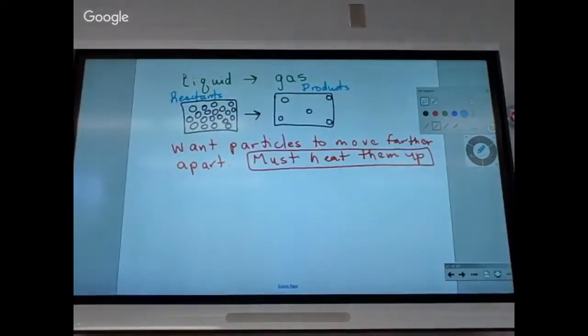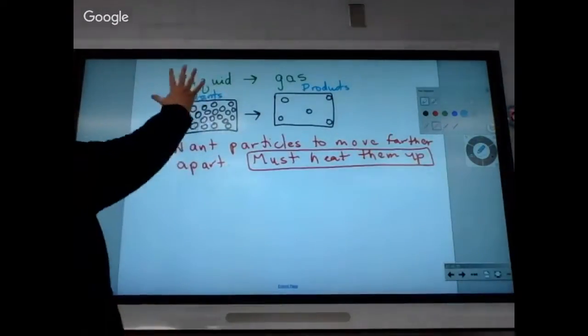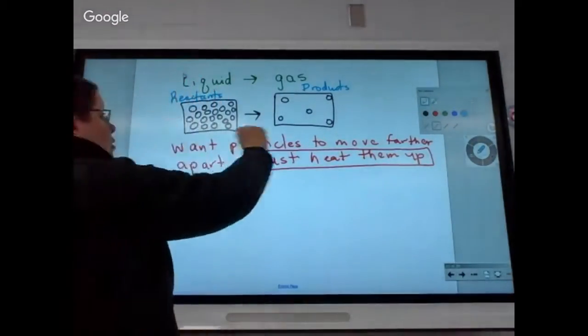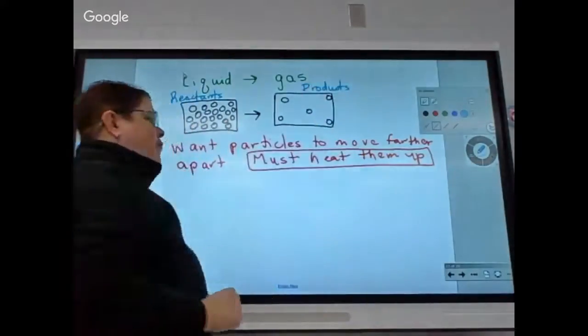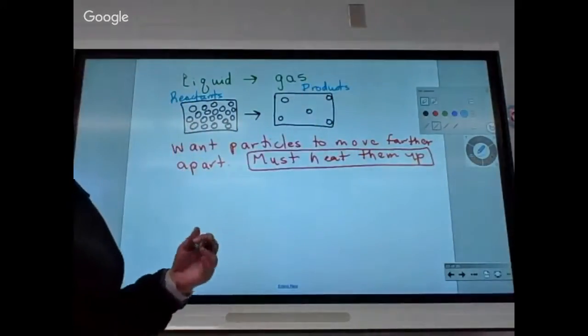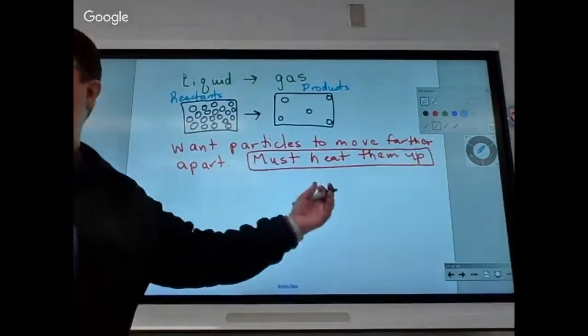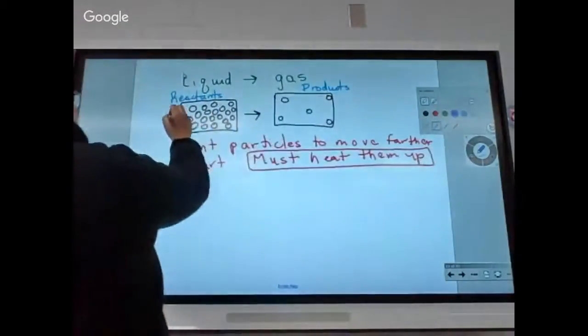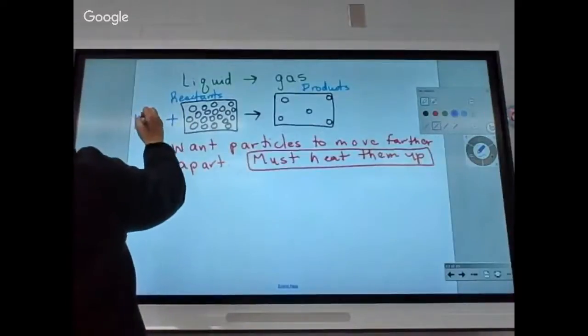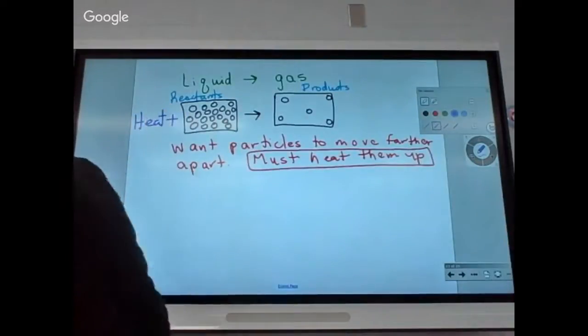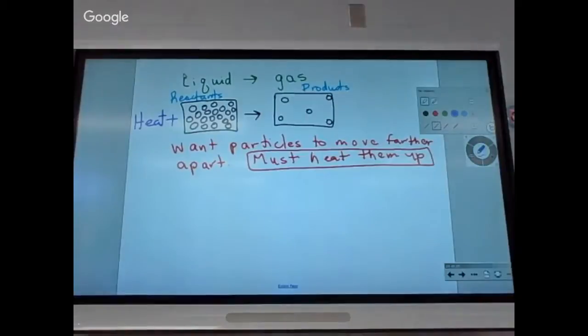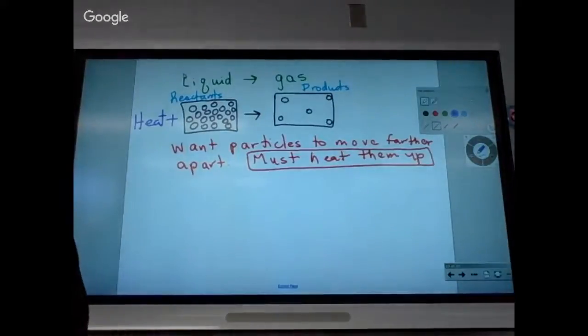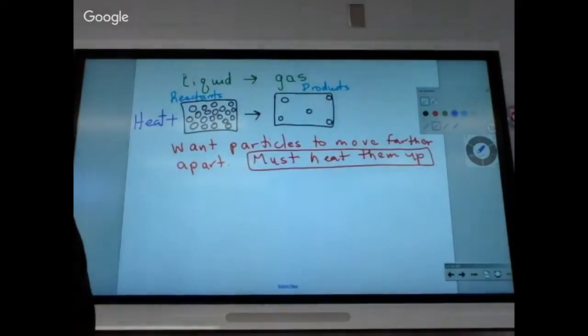So, are we going to add the heat to the reactant side or the product side if we need to heat them up to get the particles to move faster and spread out? I hear the reactant side. That's exactly right. So, we're going to say plus heat over here. Okay? We're going to do that later in the semester.